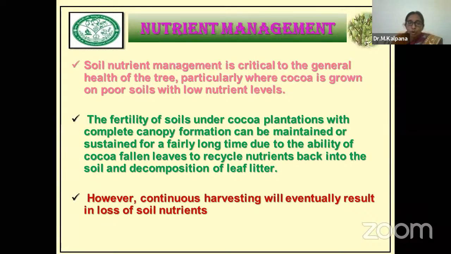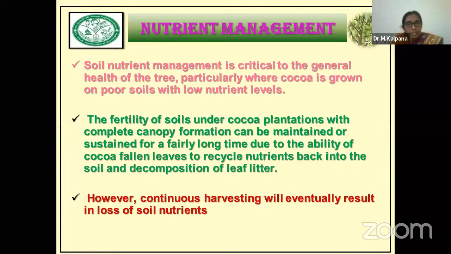The fertility of soils under a cocoa plantation with complete canopy formation can be maintained or sustained for a fairly long time due to the availability of cocoa leaves to recycle back into the soil and the decomposition of litter.